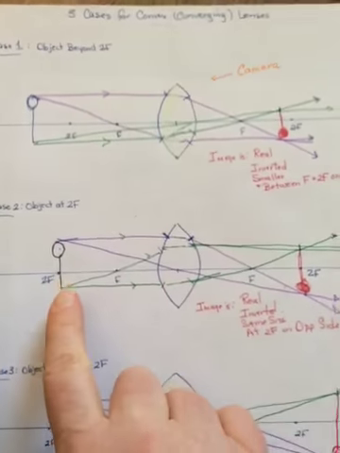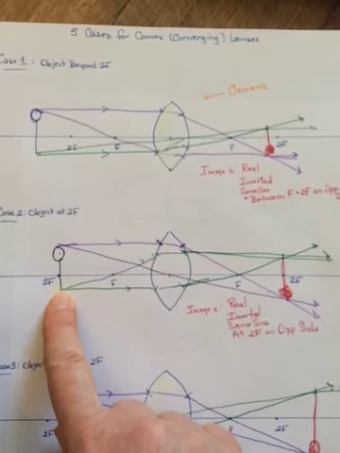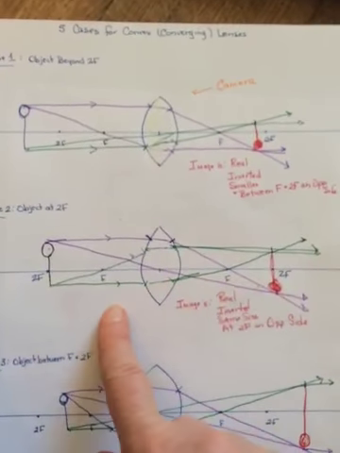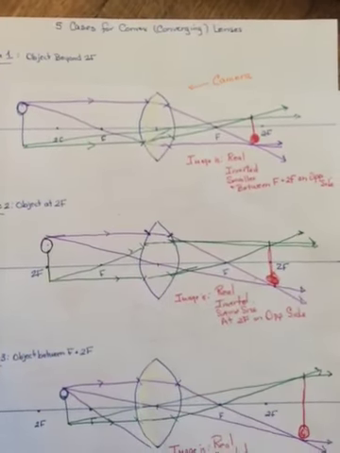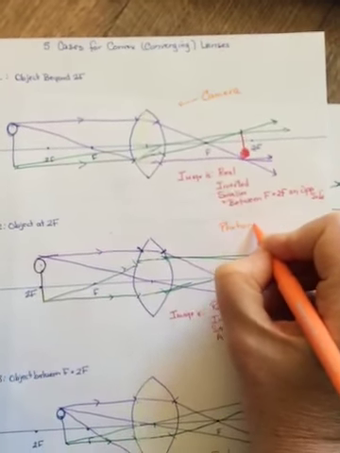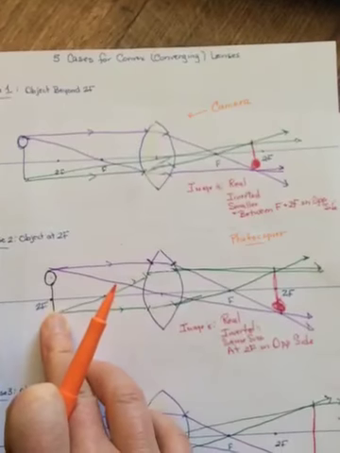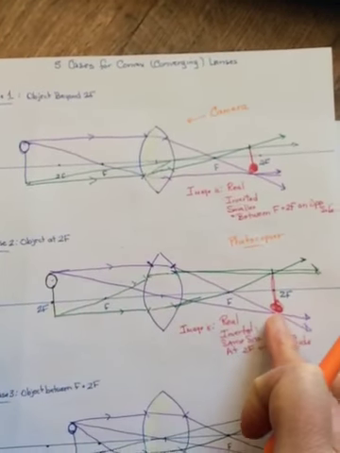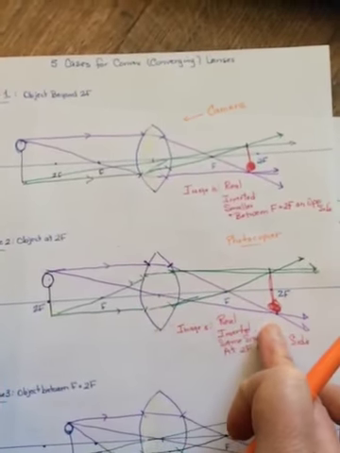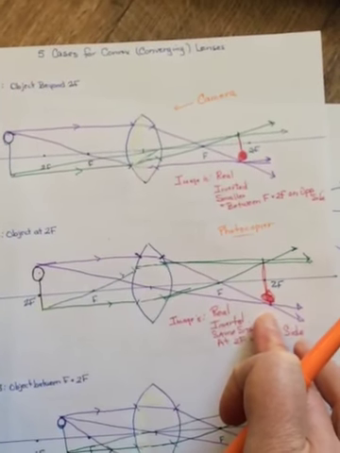Case 2, in what contraption, piece of equipment, do you put an object some distance from a lens and get an image that's the same size and equidistance? This one is the lens in a photocopier. In a photocopier, this is the piece of paper you put in the photocopier that you want to copy, and this is the piece of paper that passes underneath the lens, the glass in the photocopier. It passes underneath the lens equidistant apart, and the image is formed the same size.